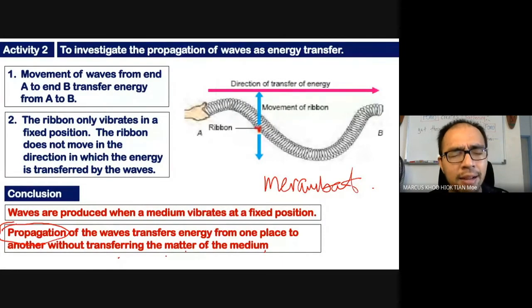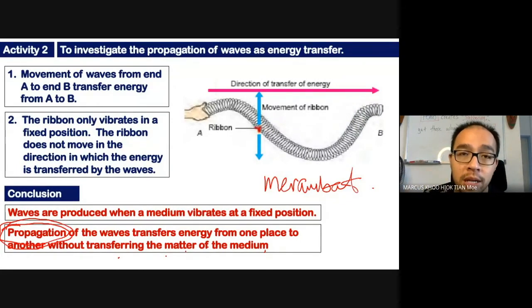We understand that waves move from left to right. But the correct terminology, and I want to insist that you use the correct terminology, is that waves propagate. Propagation of waves transfers energy from one place to another without transferring the matter.